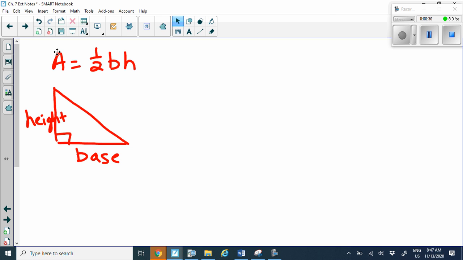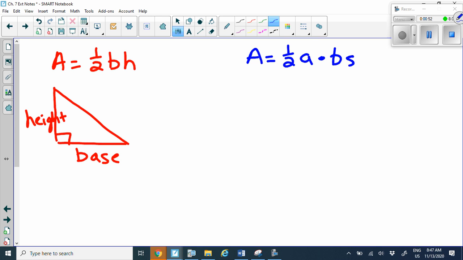So the idea here is that we're going to use trig so we can do a straight up and down for our height. So our new formula is going to be area equals 1/2 A, and A is going to represent the base, times B sine of theta. So let me talk about what each of these represents.